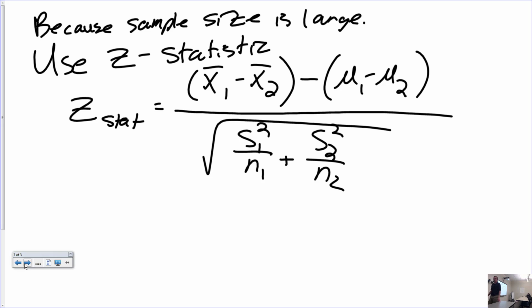Basically, that's very similar to what we did to calculate our error value back in chapter 9. The only difference is we weren't taking a sample, subtracting a specific test that we're trying to do. The only difference is adding in the testing.